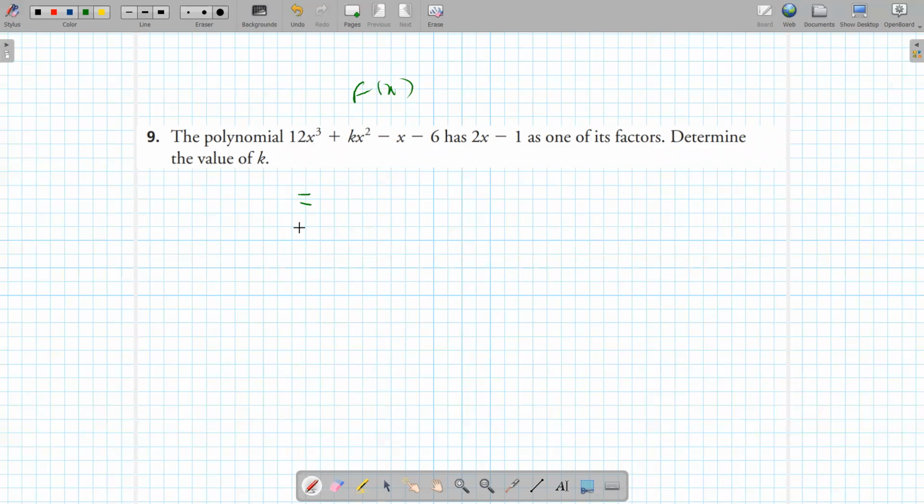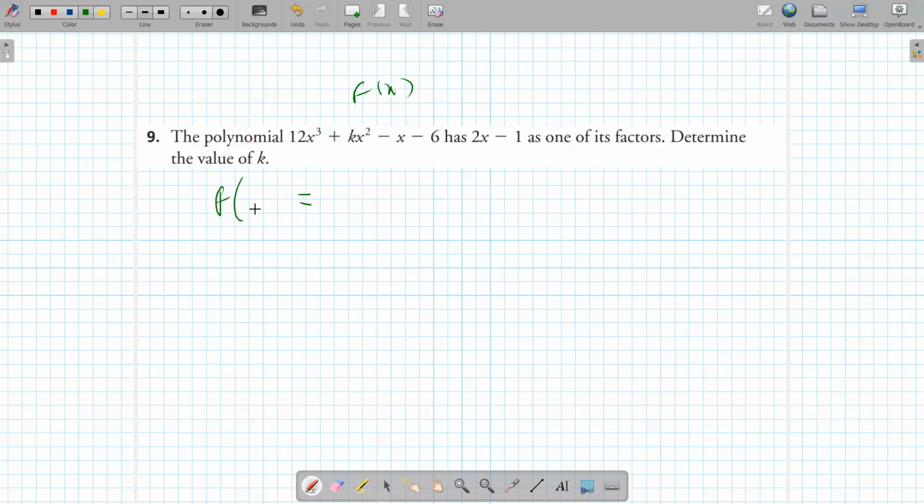It's like we did in the last question. f of 1 over 2. Good. Is equal to what? If it's a factor, what's going to be the remainder? 0. 0, right?